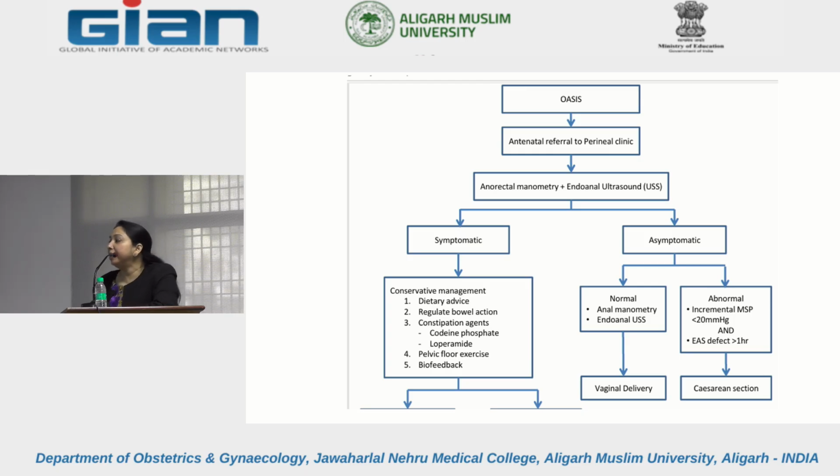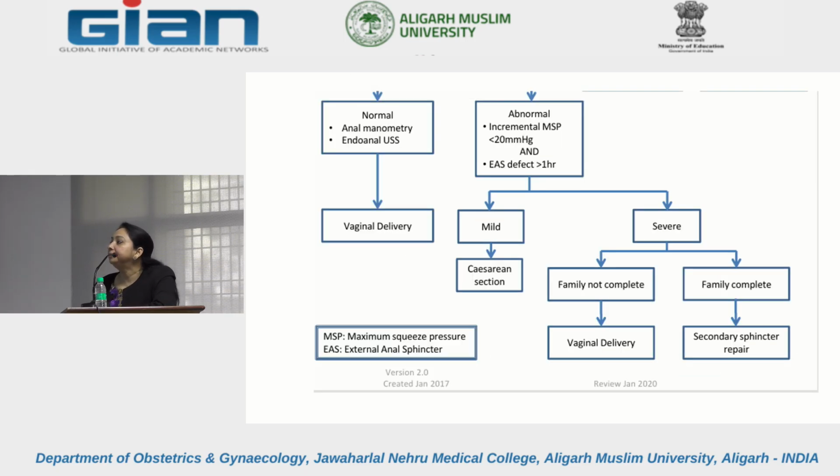So, conservatively, if the patient is symptomatic, what should be done? Even if the patient is symptomatic, if the anal manometry or endoanal ultrasound is normal, they can go for vaginal delivery. If it is abnormal and mild, cesarean section. If severe, she can go for vaginal delivery and later on repair if the family is complete.